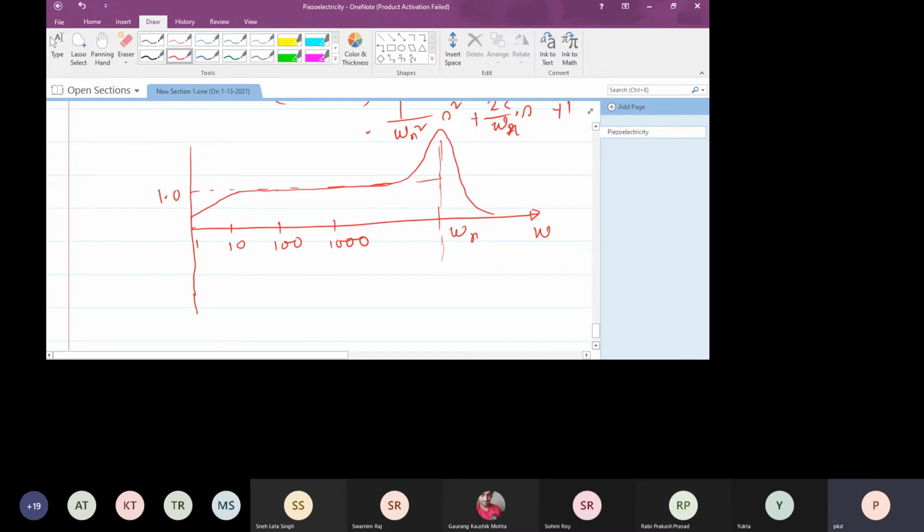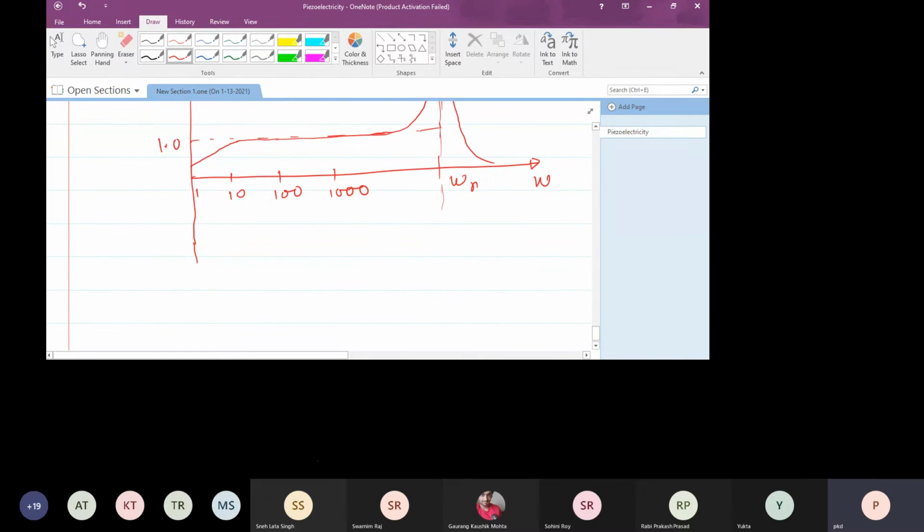So in general, this transfer function of the sensor or the receiver can be written in terms of a time constant.